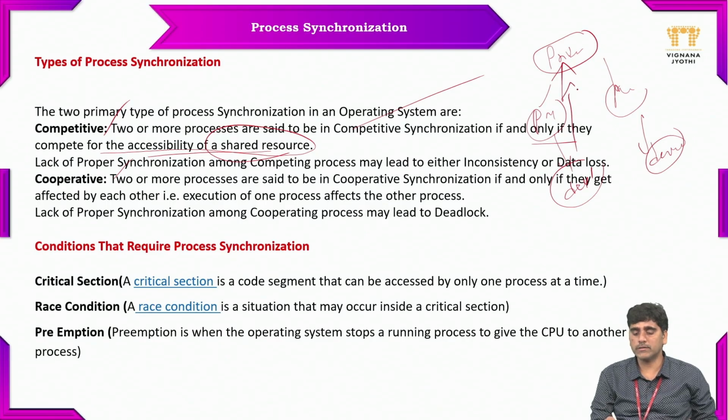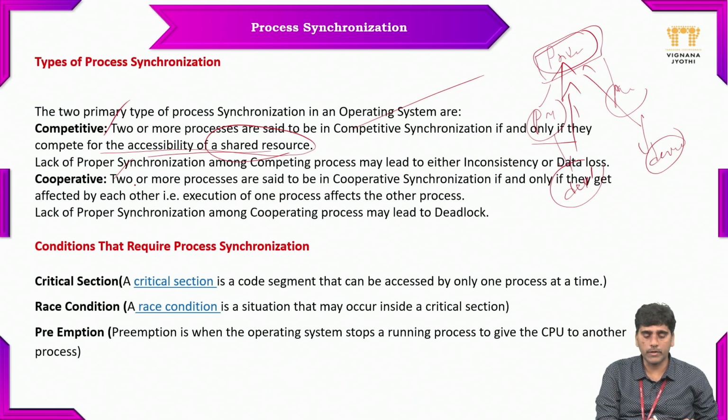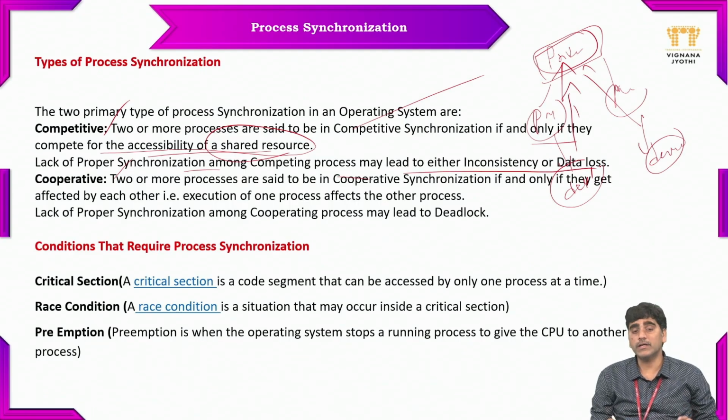If one accesses, then the other accesses, one by one, it is fine. If both access at the same time, the data may become inconsistent, deadlock may occur, or starvation may occur. So they can be competitive. Lack of proper synchronization among competitive processes may lead to inconsistency or data loss.